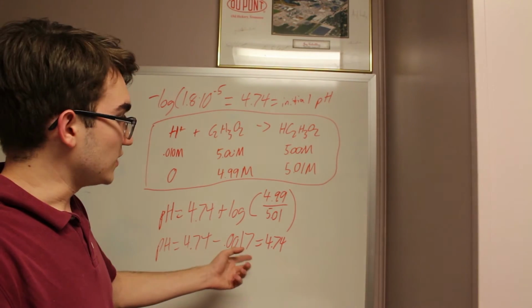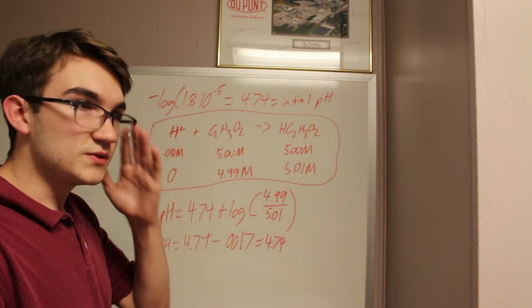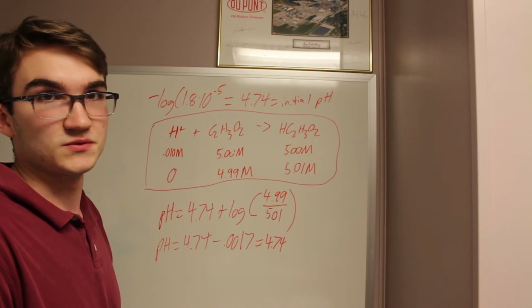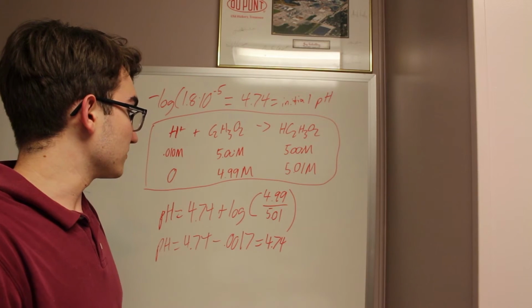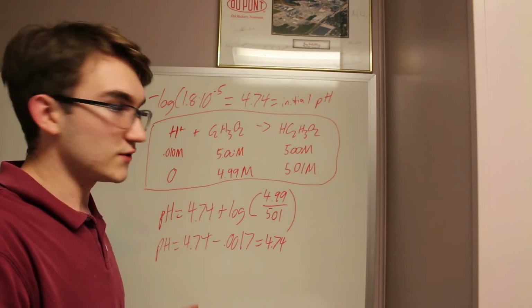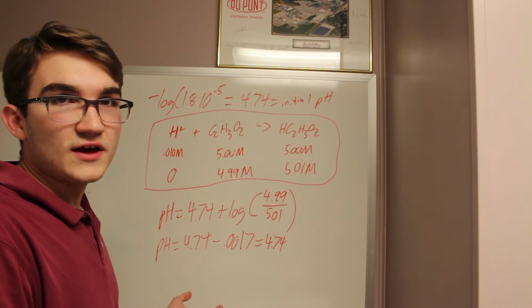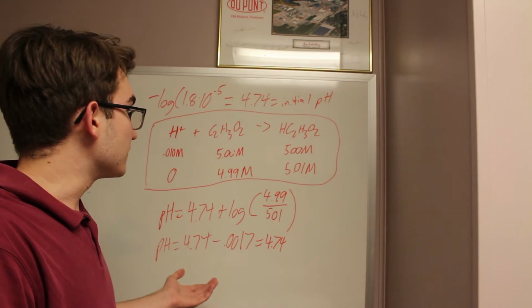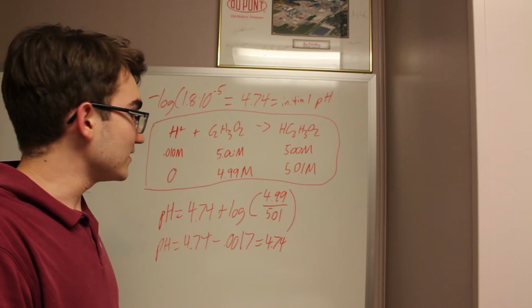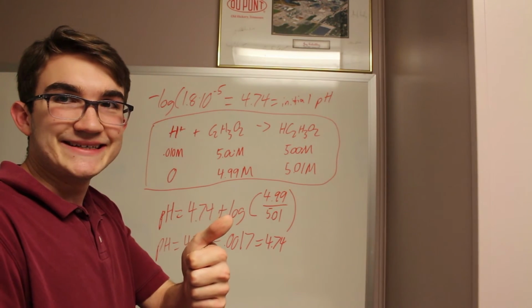So really there's no change in the pH from this because so little was added to such high concentrations that the buffer just absorbed almost all of it. So yeah, that's kind of the basic idea on buffer capacity. It's not really that hard, not really that big of a concept, but kind of fun to think about. So yeah, that's buffer capacity.